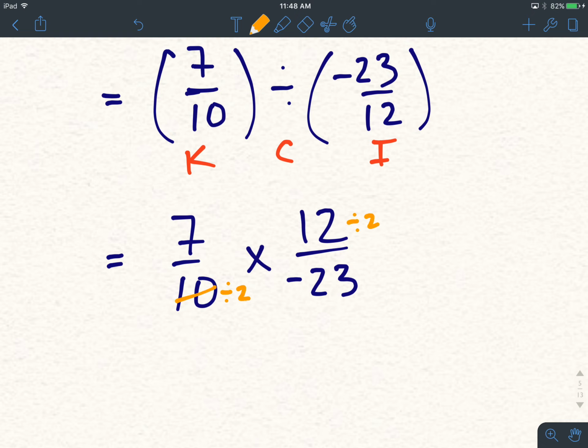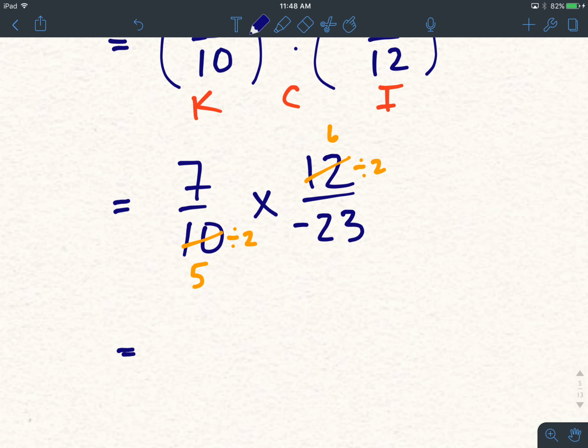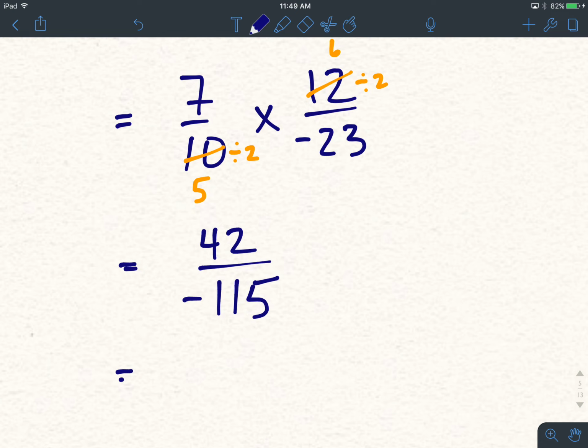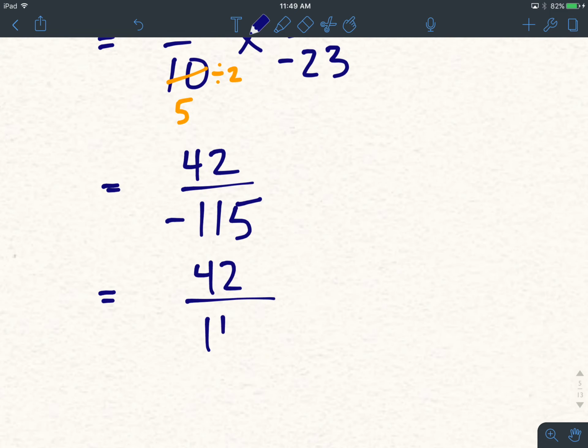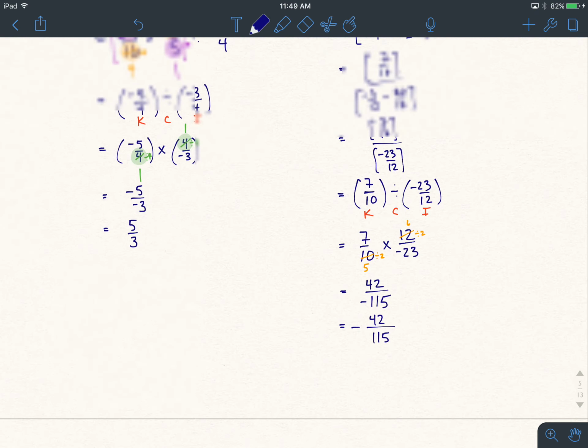So dividing 10 by 2 gives me 5, dividing 12 by 2 gives me 6, and now I can do the next step, multiplying the numerator by the numerator. 7 times 6 is 42, and 5 times -23 is, let's see, -115. And again, in this last step here, I just want to get the negative out of the denominator, so I'm going to relegate that to the front of the whole fraction, and that is our final evaluated answer.